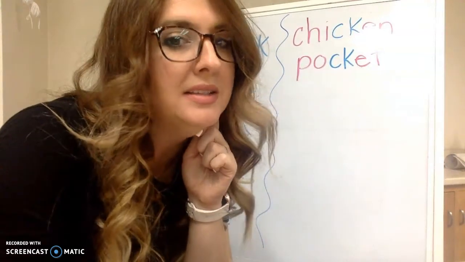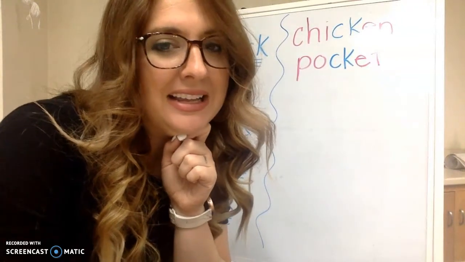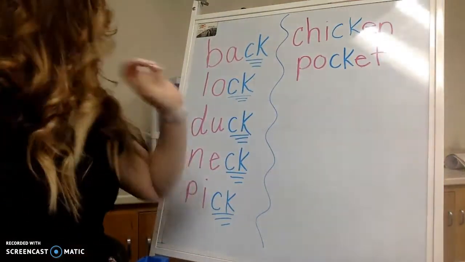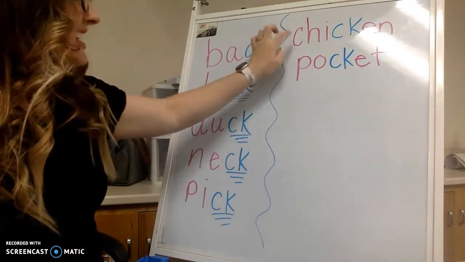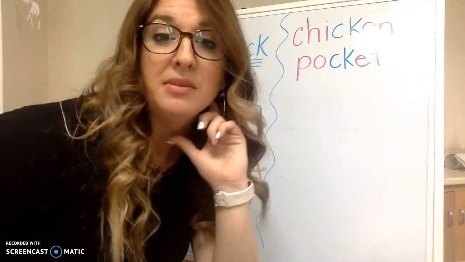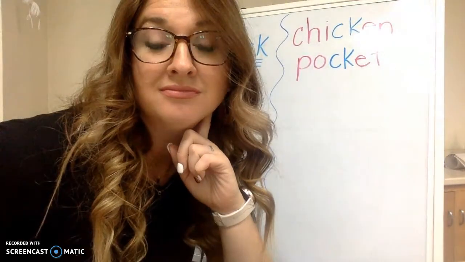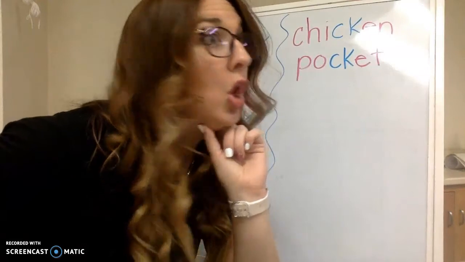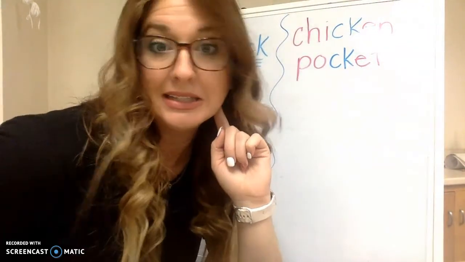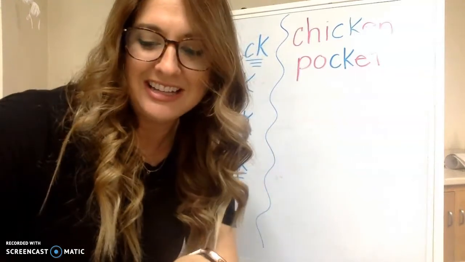I bet that can help us when we are sounding out words. We have 7 words that we thought about, and I know that you can think of more. There are a lot of words out there. Maybe you can look through a book to find the CK digraph. Maybe you can write a sentence and then go, oh, that's a CK sound. There are lots of ways that we can find new words.